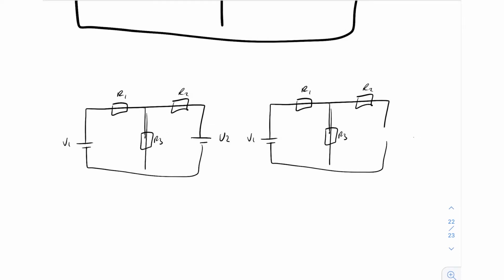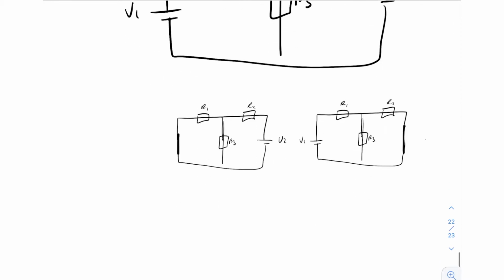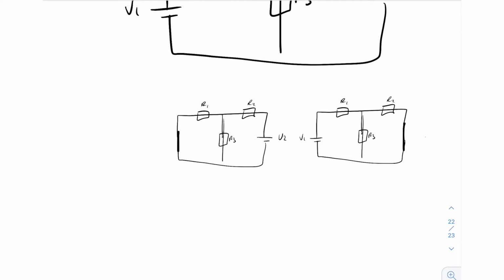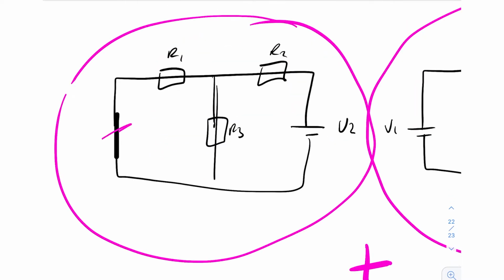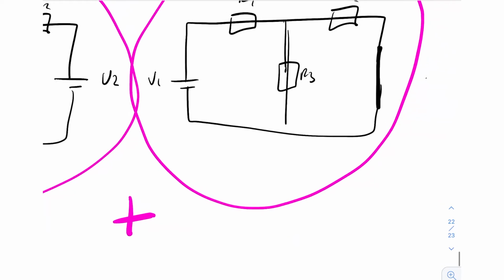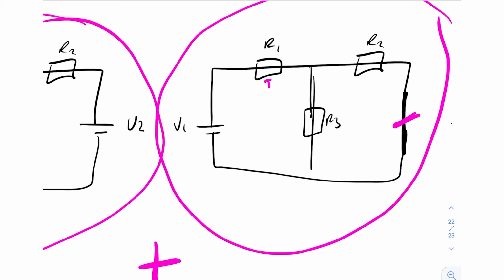Okay, so now what we're saying is that this circuit up here, in order for you to find the voltages and the currents in all of the branches, all you have to do is take these two circuits and add them together, right? So you remove this voltage source here, and you remove this one here.